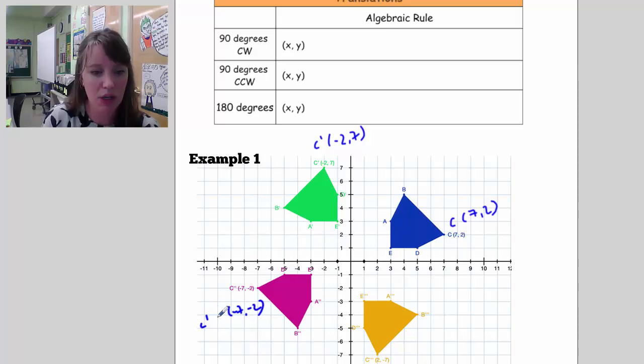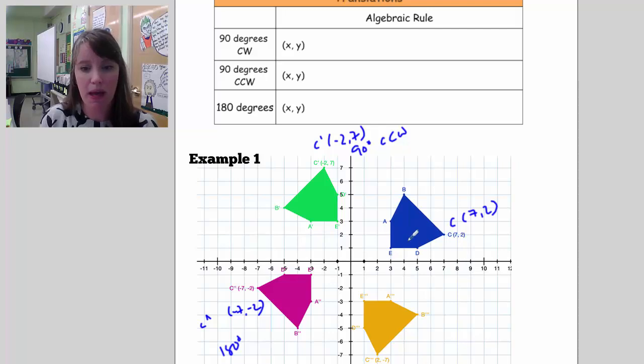This is a rotation of 180 degrees. This is 90 degrees and it's counterclockwise. And this would be 270 degrees clockwise from the original image, actually counterclockwise. And this would be C triple prime, (2, -7).